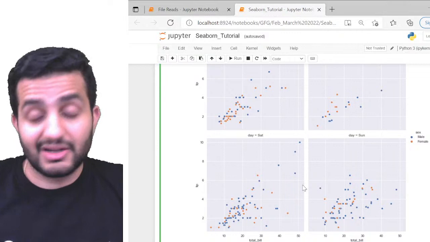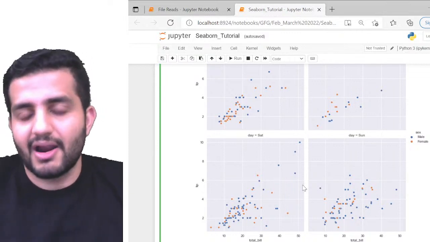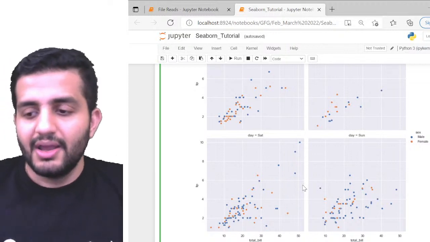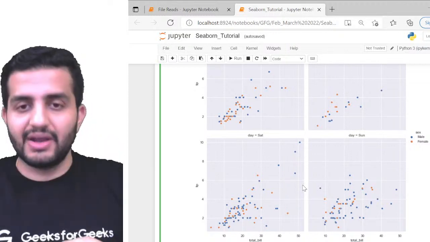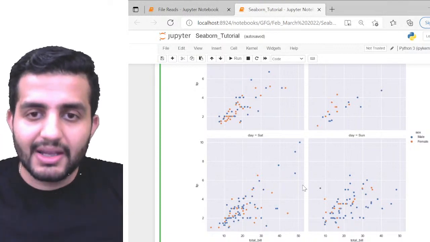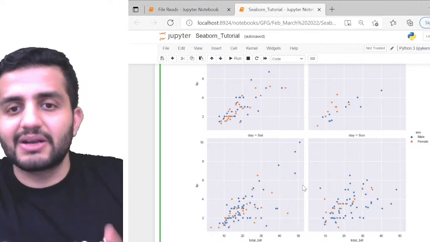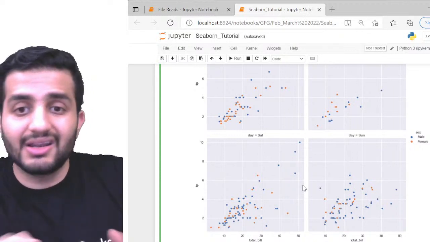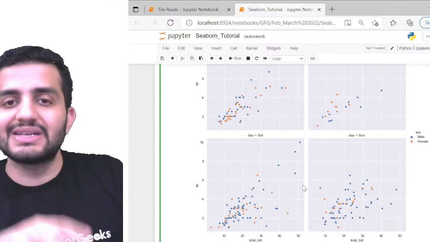Or maybe, that's too cheap an offer, but maybe you can get one large shot, right? So whatever, these are strategic decisions, because based on the analysis I figured out that there's a high probability on Saturdays, maybe at dinner, maybe at evening parties, that males are expected to pay higher bills and higher tips, right? So I can give them some offer. I can try to attract them more, right? That's what business sense means here.